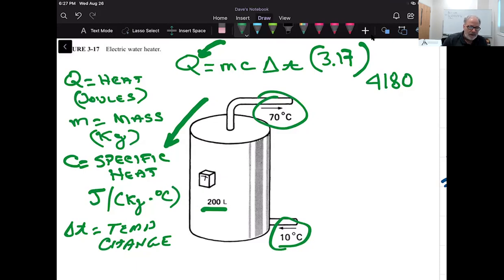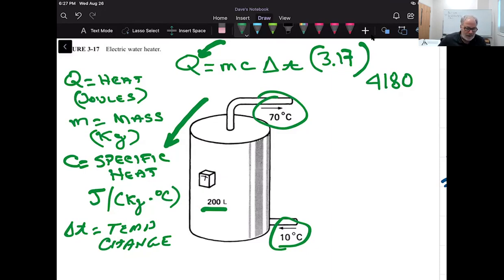You could run into an application involving something like this. How much heat energy would I have to input into this container of 200 liters of water to raise the temperature 60 degrees? And I have a formula that allows me to do this, and that formula is 317.